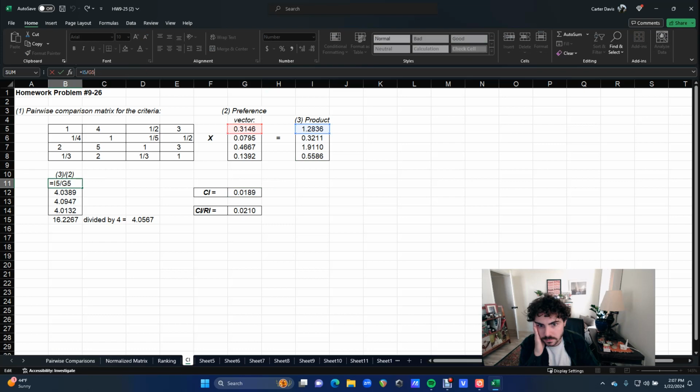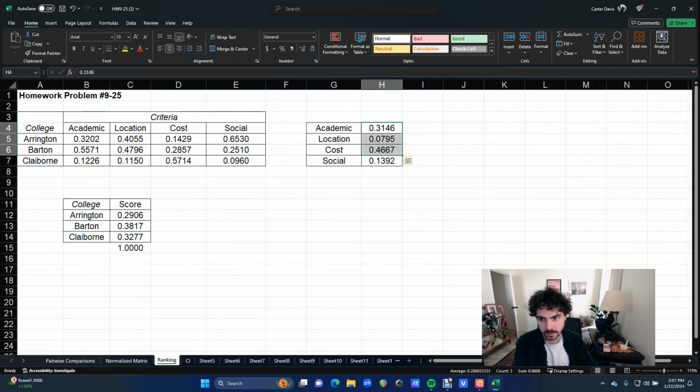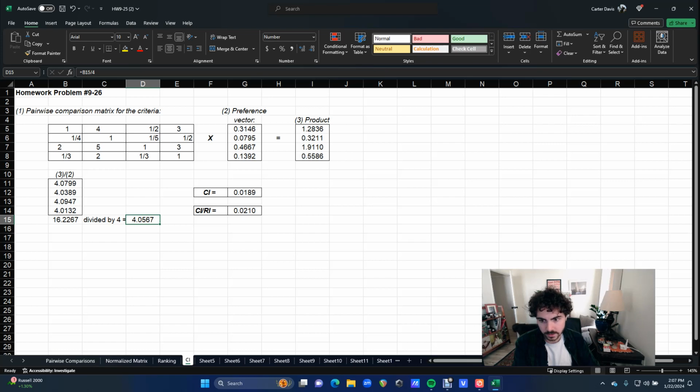They're doing that divided by that. Okay. And then they're averaging them. So the average of all these, and then they're taking that divided by the quantity, so divided by 4, just the number of criteria that there were: academic, location, cost, social. So they took the average divided by 4, and that gave us this value.